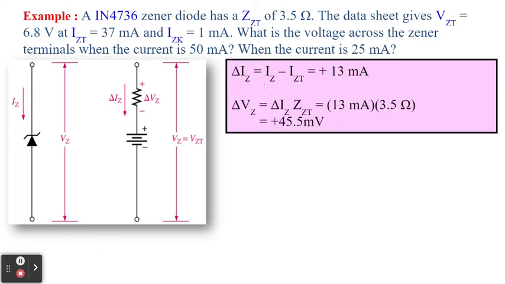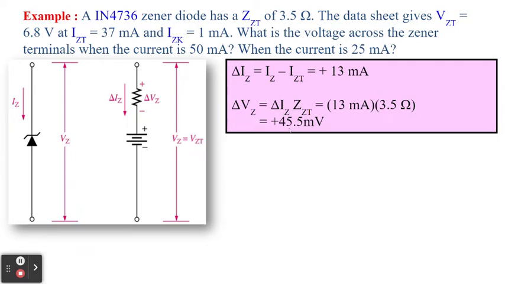In this first calculation, you will see that the change in IZ is taken by subtracting IZT from IZ, and this will give us a positive value of 13 milliamperes. When you multiply the I and the Z, that is to calculate the V. That's Ohm's law. The change in VZ is equal to the change in IZ multiplied by the impedance ZZT.